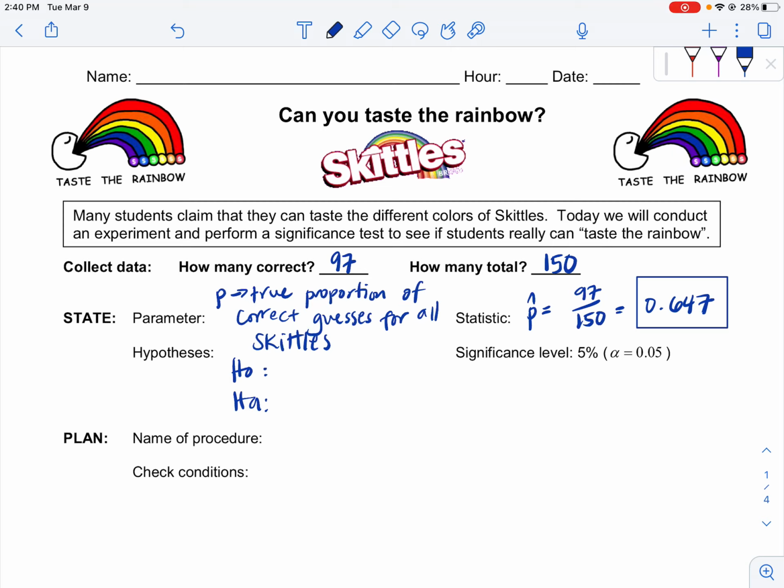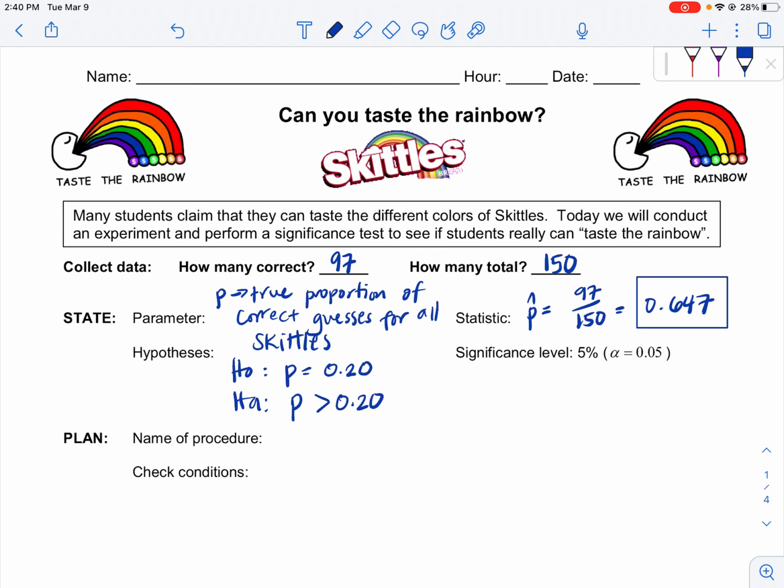So our null hypothesis, H sub 0, is p = 0.20. Our sample proportion here is 64%, so the alternative is that p is greater than 20%.